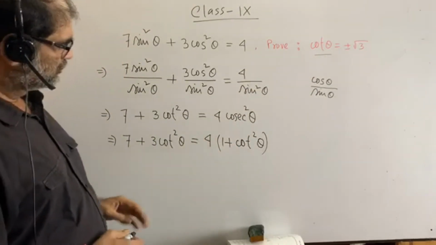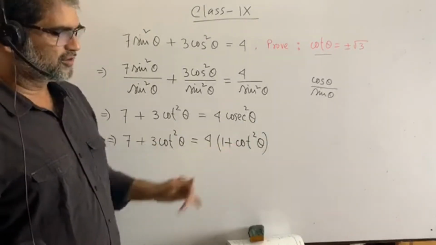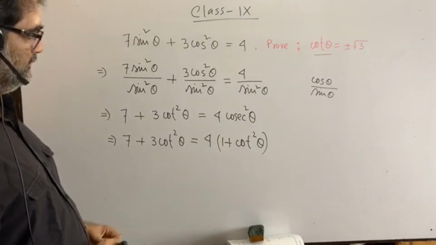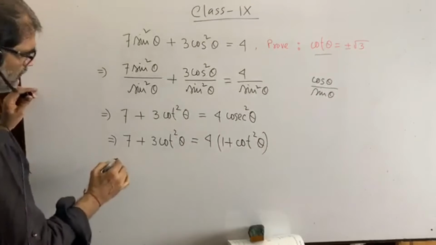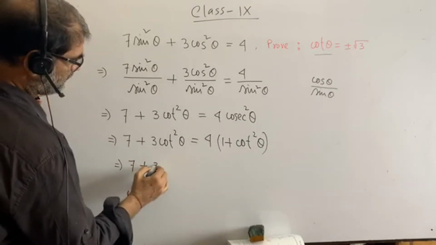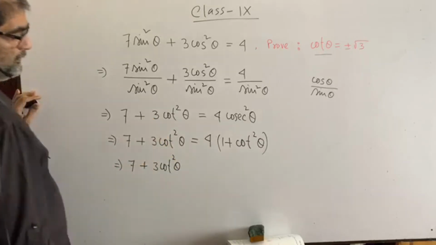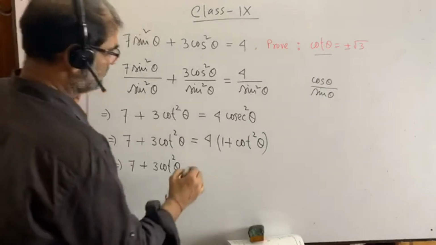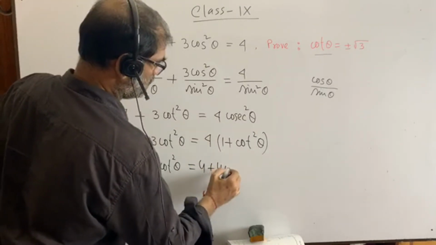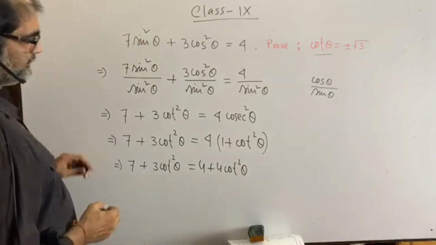So we have converted cosec square theta through cot square theta with the help of a trigonometric identity. Now we get 7 plus 3 cot square theta is equal to 4 plus 4 cot square theta, right?